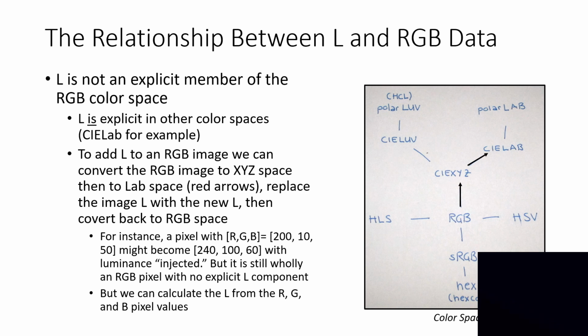Now, for instance, there is no L in the RGB color space, as you can see, but there is an L up here in the LAB color space. So if we wanted to add L information into an RGB image, we would perhaps transform first into an XYZ color space and then into an LAB color space, insert that new L as a new layer in this LAB color space, and then convert back to RGB.